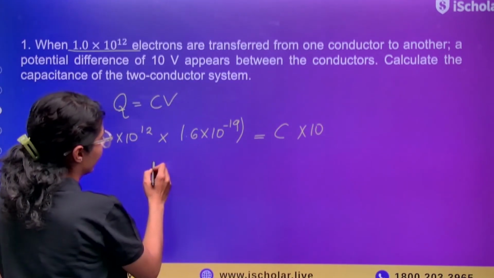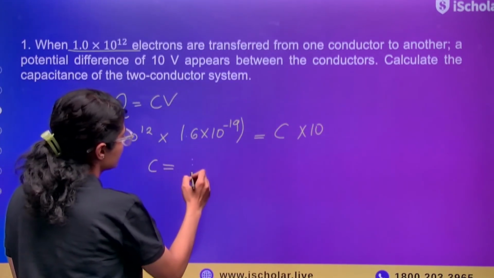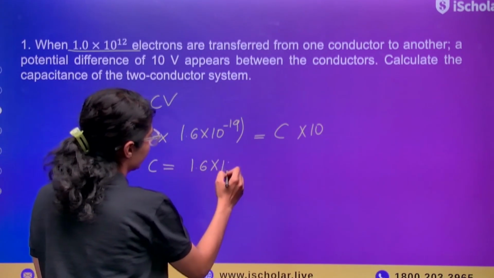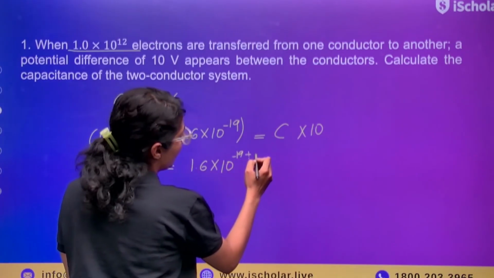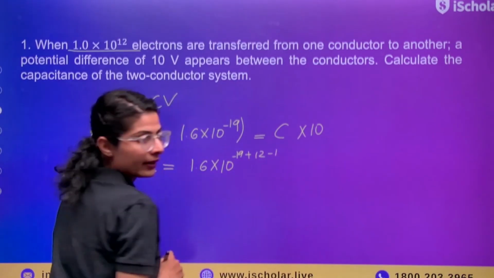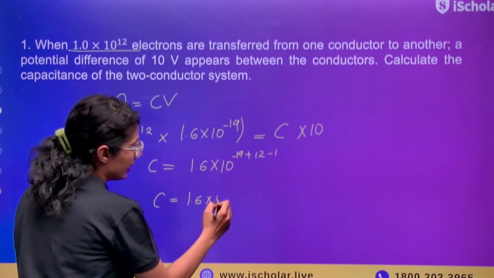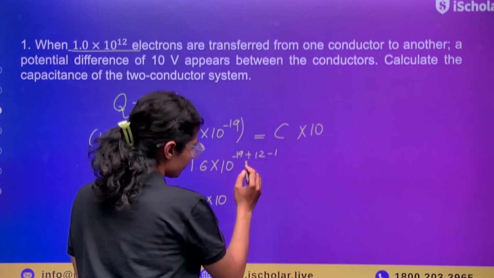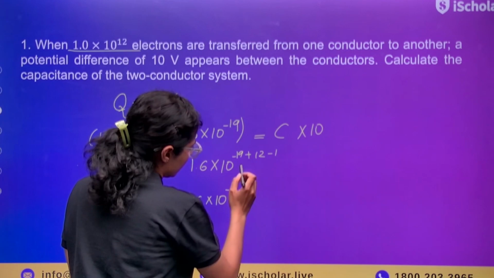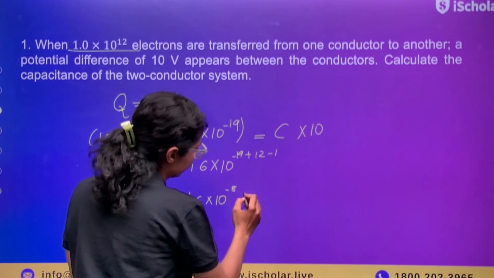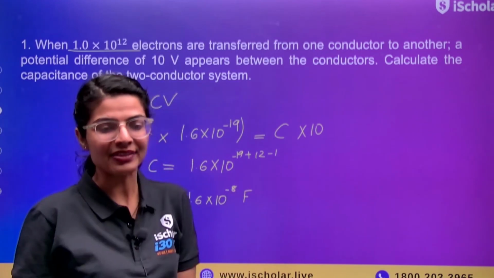Capacitance will be 1.6 into 10 to the power minus 19 plus 12 minus 1. From here you can get the value as 1.6 into 10 to the power minus 8 farad. As simple as that.